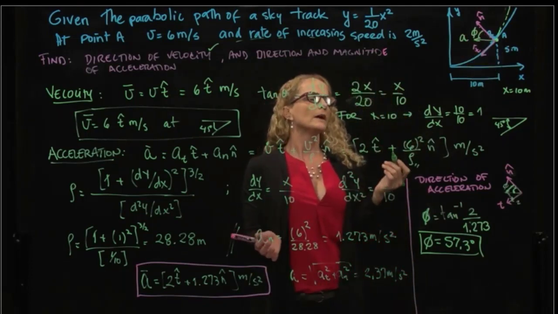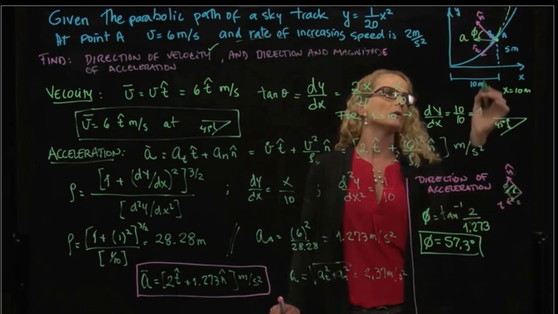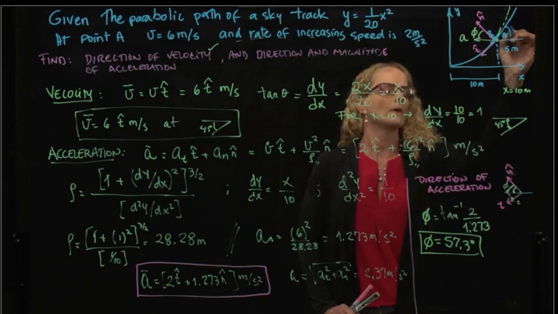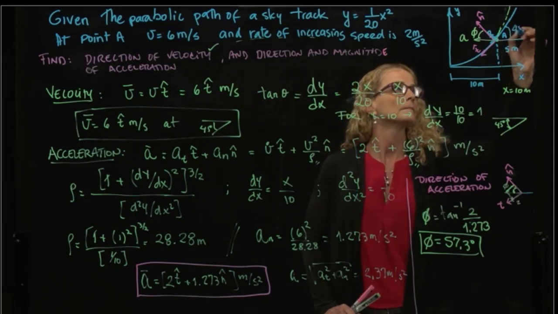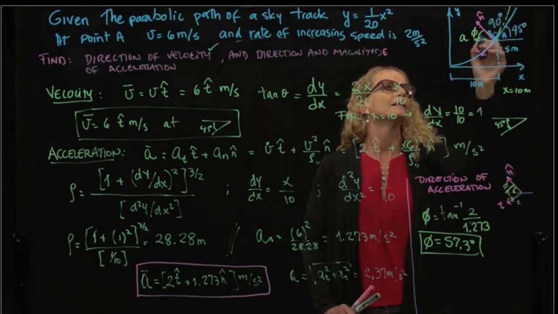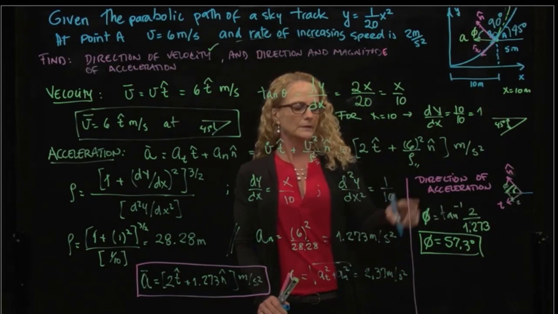If we want to find that angle in terms of x and y, we found already that this angle is 45 degrees, and we know that the normal is perpendicular to the tangent, so between these two is 90 degrees. And this one we just found is 57 degrees.